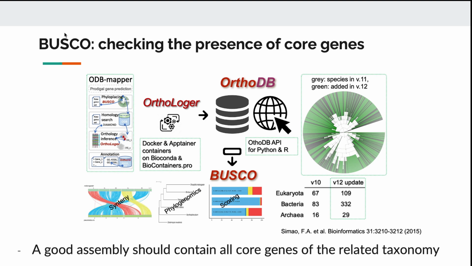So BUSCO takes this approach to study all we know about genes, groups them into clusters, and when you have a new sequence assembly, you can submit your assembly to BUSCO and specify the taxonomic group, and they will tell you whether your assembly contains all the genes that should be found in those taxonomic groups.